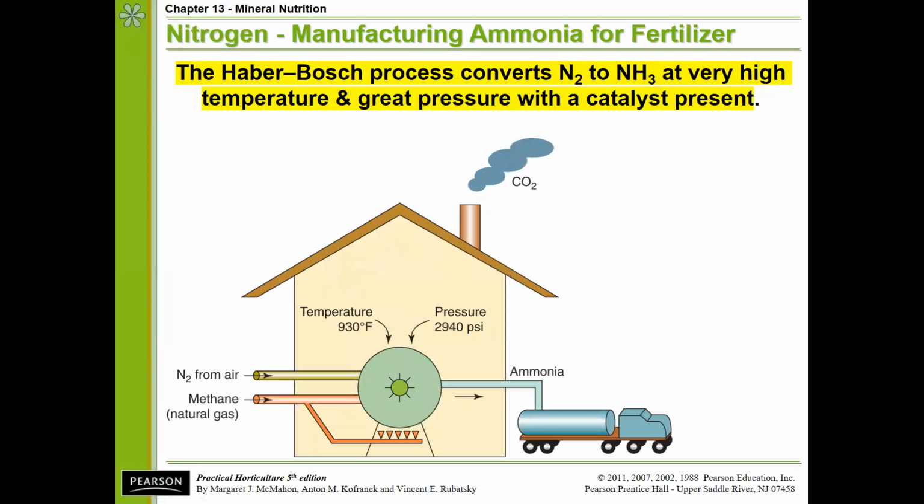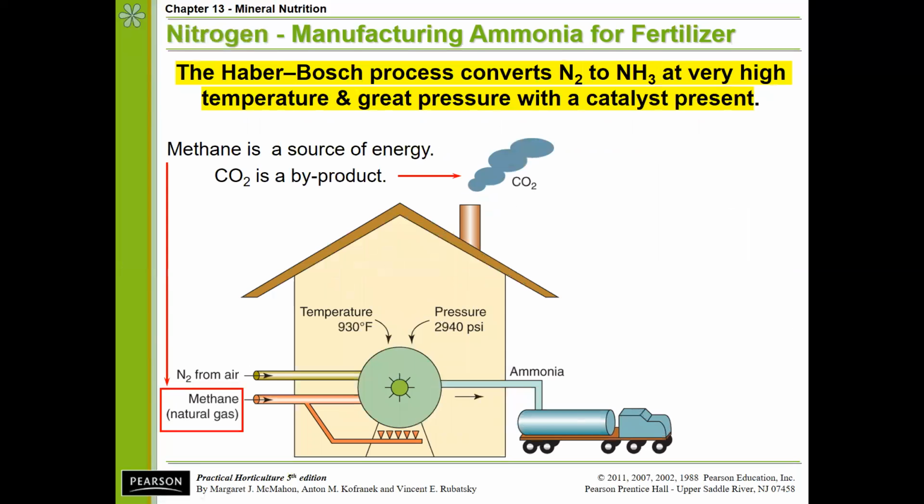Of course, much of our nitrogen is today supplied by nitrogen fertilizers, and this is done through what is called the Haber-Bosch process, named after the people that first created it. They're taking atmospheric nitrogen and converting it to ammonia, then to ammonium, then to nitrate or nitrite, under very high temperatures and pressures.